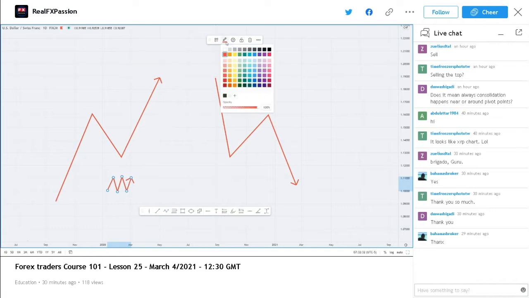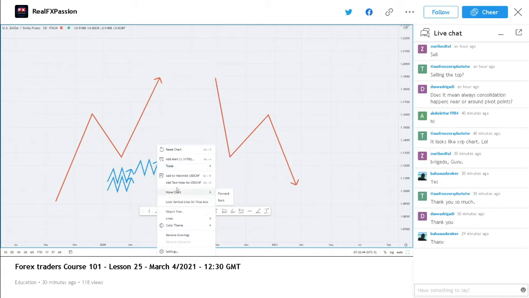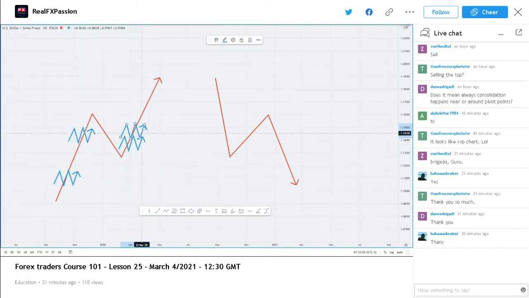Something like this, 1 2 3 4 5, and here is the trick, everybody. We need to understand the pair and when this consolidation appears in market structure, makes sense? So one more time. Here is going to be down, up and down, consolidation, something like this.